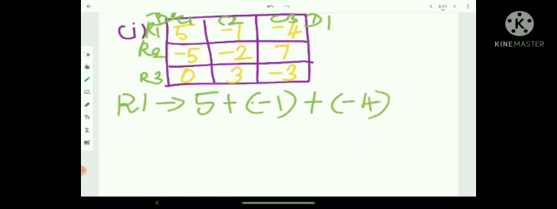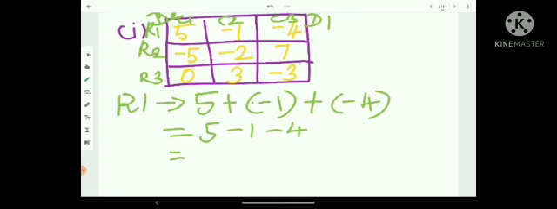Here plus minus we have converted into minus. So 5 minus 1 minus 4.